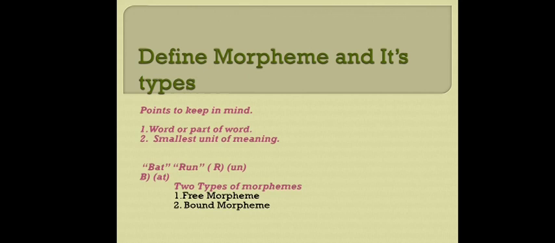So this way, a bound morpheme is a morpheme that cannot give you complete meaning, or it depends on a free morpheme to give its meaning.